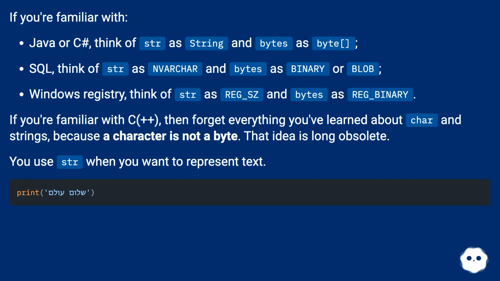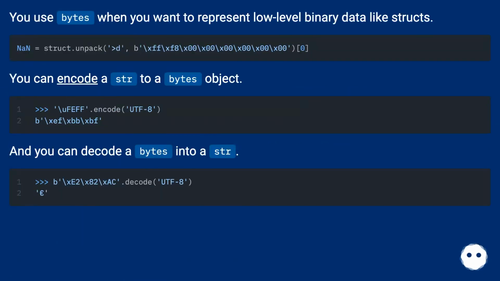You use str when you want to represent text. You use bytes when you want to represent low-level binary data like structs. You can encode a str to a bytes object, and you can decode a bytes into a str.